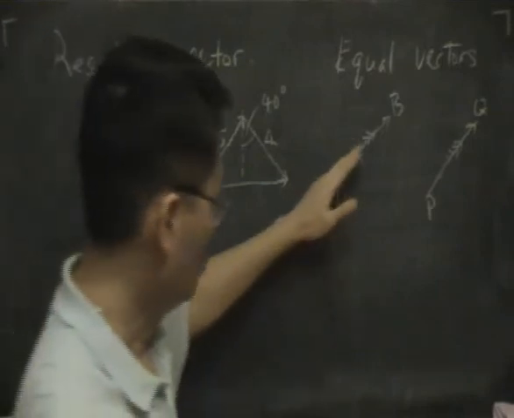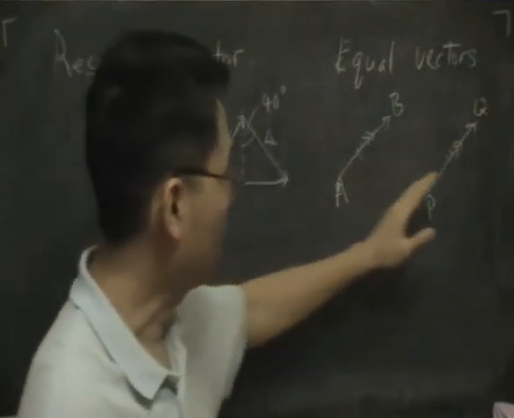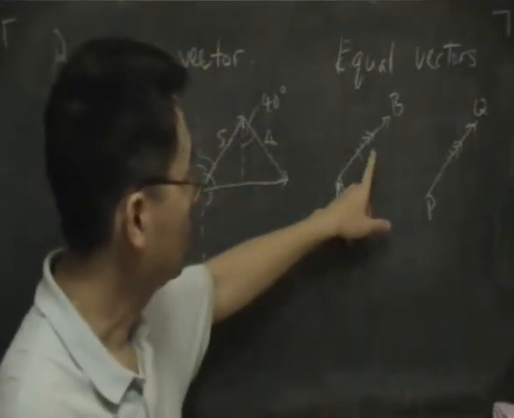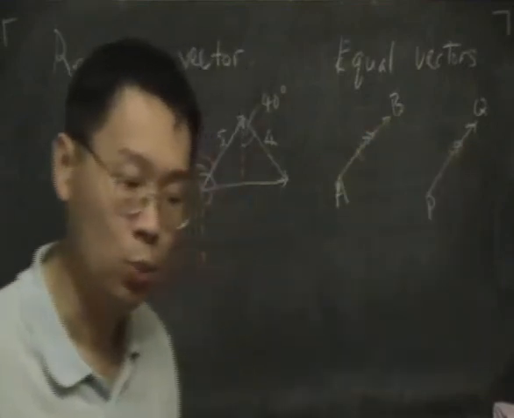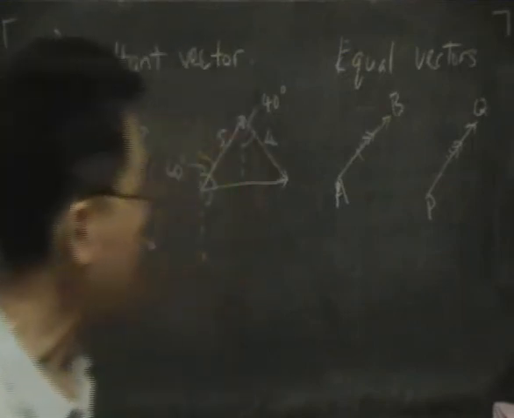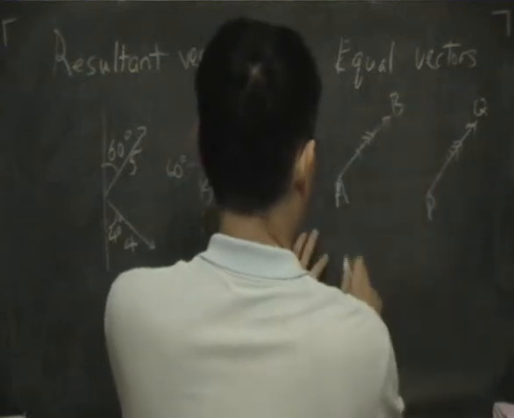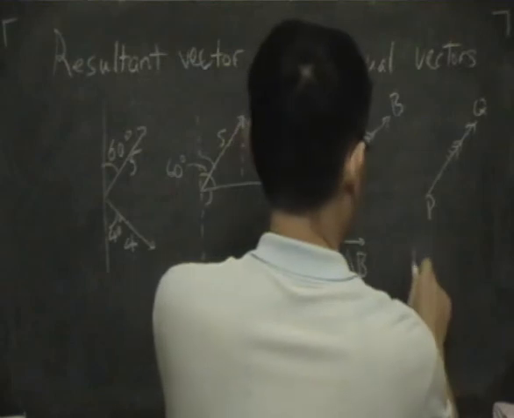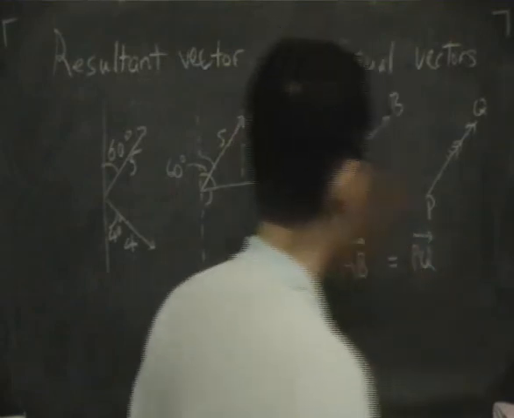So if I have two arrows, two vectors like that, even though they are at different places, as long as they have the same direction and the same magnitude, we say that they are equal. We say that they are the same vectors. So I would say that if I represent this vector by AB with the arrow on top, and that vector by PQ with the arrow on top, I would say that they are equal.